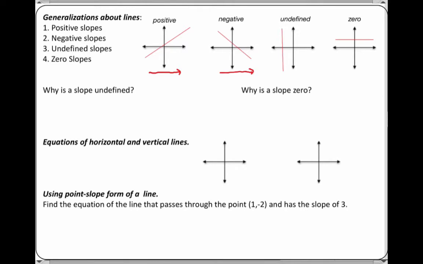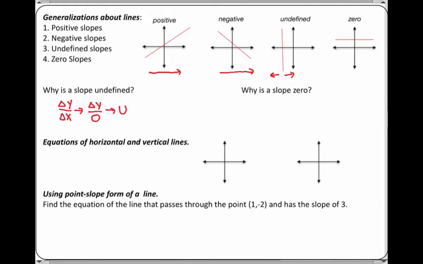You notice that slope is going to be change in y over change in x. Now, if we look for the undefined slope, we're not moving in x in either direction. So no matter what the change is in y, the change in x is 0. So anything divided by 0 is going to give us undefined.